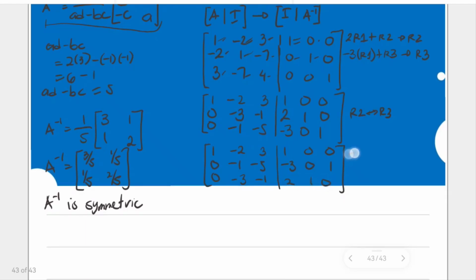Then I'm going to multiply negative 1 to row 2 to become the new row 2. And I'm going to multiply negative 3 to row 2, the same row 2 here, plus row 3 for a new row 3, for this to become 0.